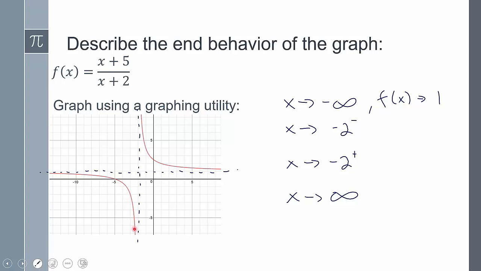As x is approaching -2 from the negative, my y value is negative infinity. As it's approaching -2 from the positive, that's going to be positive infinity. And then as x is approaching infinity again, y is going to be 1. Now this is an example. I want you to get it down.